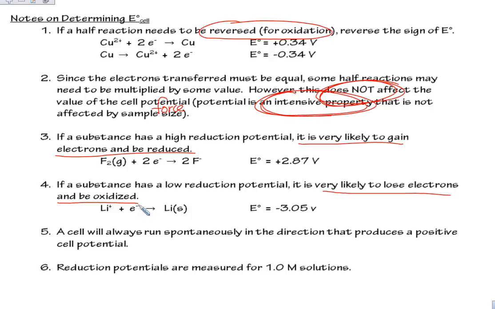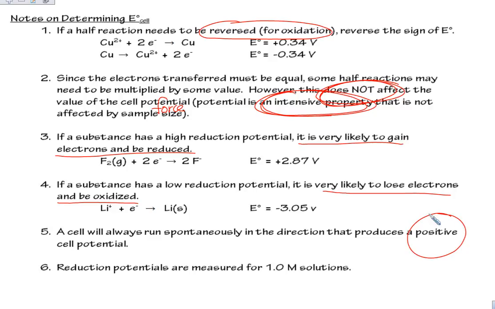These cell potentials will always run spontaneously in a direction that produces a positive cell potential. Your cell potential needs to be a positive value. When you add those together, if it's negative, that's not spontaneous. And we'll look at that in a second. Well, how do I know if it's positive or negative? And here's that little degree symbol. Remember how we said it has really nothing to do with temperature?